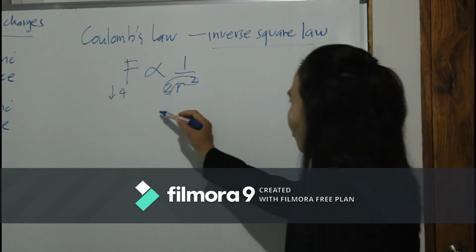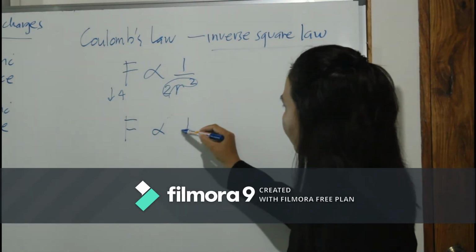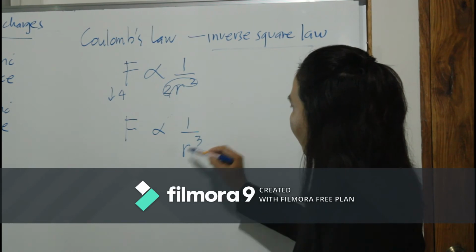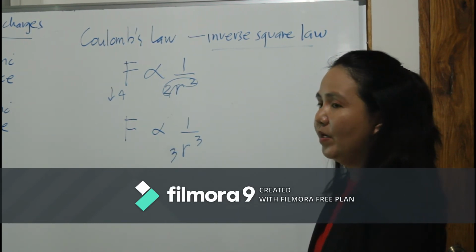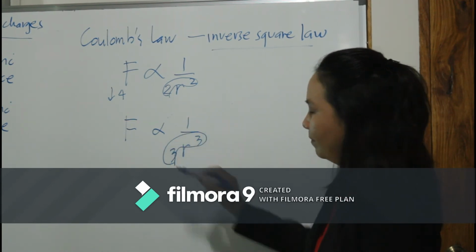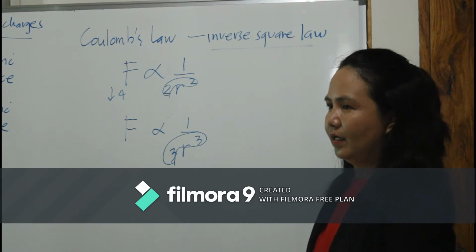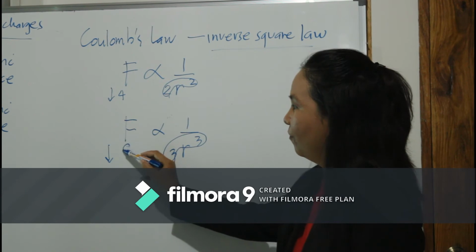Now, if we are going to triple the distance of separation between 2 point charges, by how much factor do you think the force will decrease? Okay, so the force will decrease by a factor of 9.